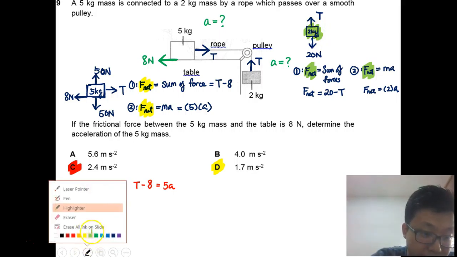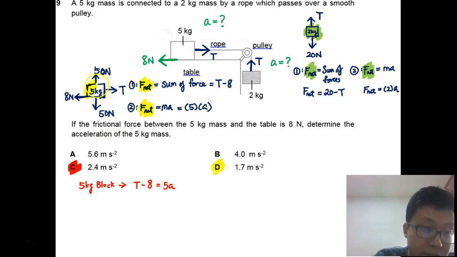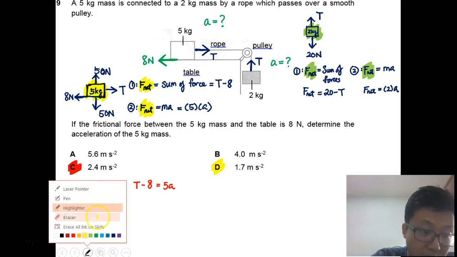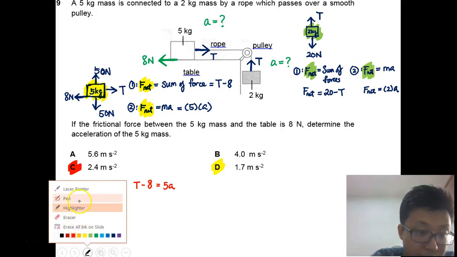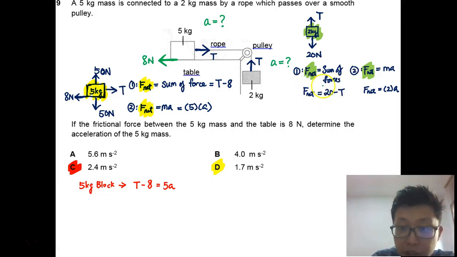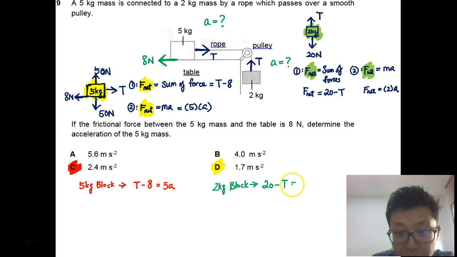Okay. So, like I said, I'm going to combine this equation and this equation together. So from the 2 kg block, I would have the formula 20 minus T equals 2A.